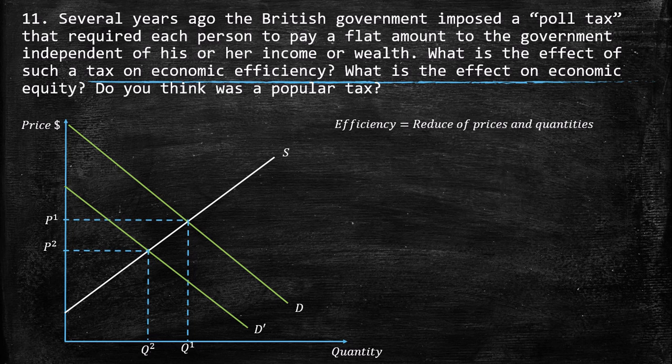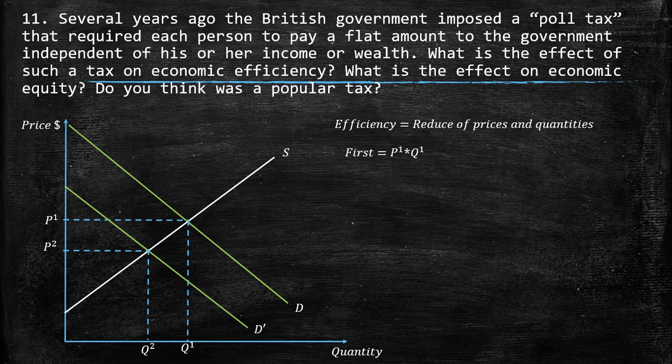So what about efficiency? We see here how it affects efficiency because it reduces the price to P2, but as well it reduces the quantities. Consumers cannot spend as much, so they will be worse off, and on the other side the producers will receive less.